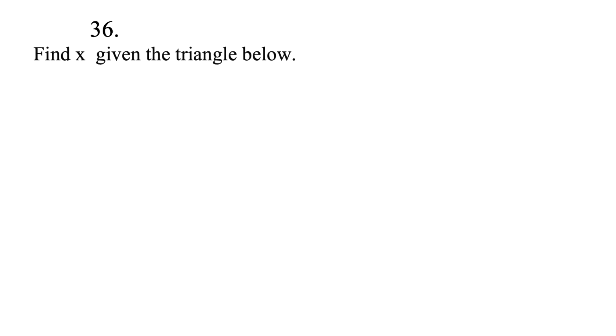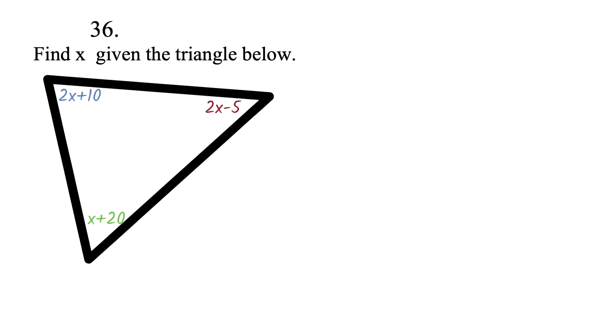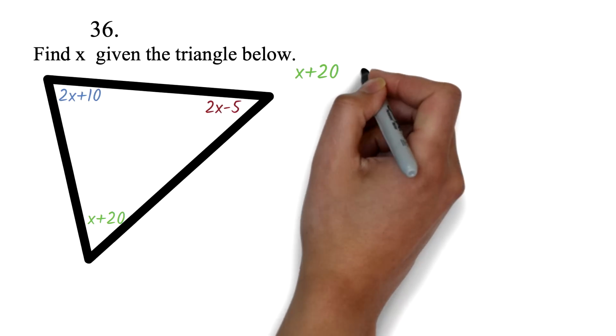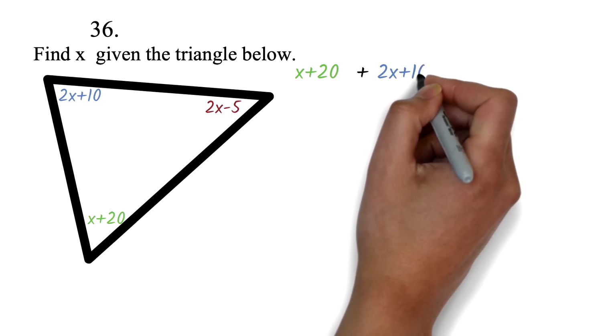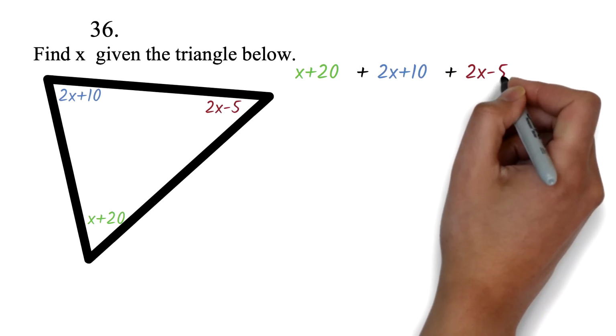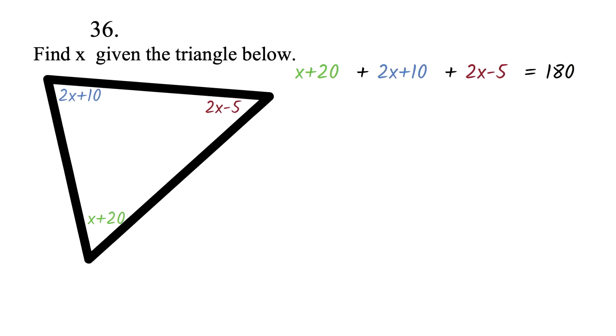Find x given the triangle below. Questions like this are the reason why I like the setup of adding all the interior angles and equating it to 180. We add up the angles. x plus 20 plus 2x plus 10 plus 2x minus 5 equals 180. We add all the x terms, 1 plus 2 plus 2 to get 5x.